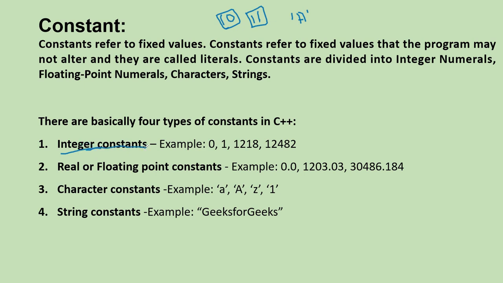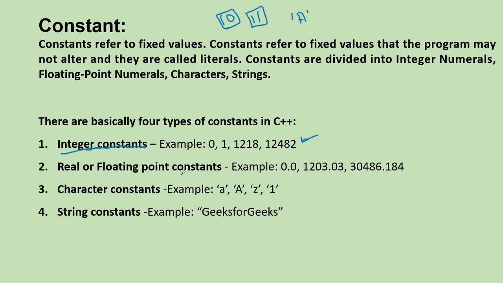In integer numerals, all numbers without decimal points are integers. Normally, all numbers without decimal points. Is there any decimal point here? No. Therefore, this will be treated as an integer type of constant.